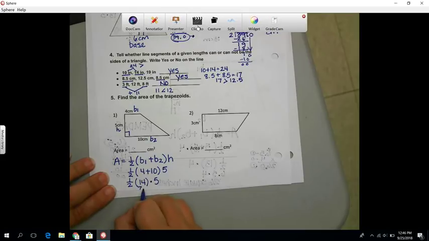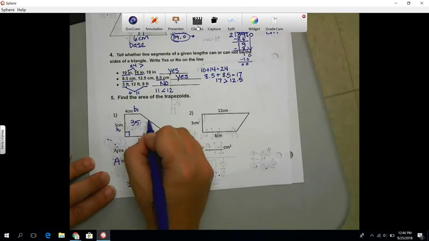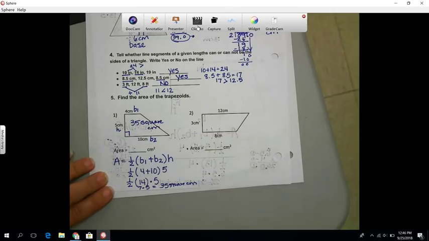So now we have 7 times 5, which equals 35 square centimeters. So our area is 35 square centimeters. Boy, that's a lot of work to show, but we have to show our work to make sure we can defend our answer.